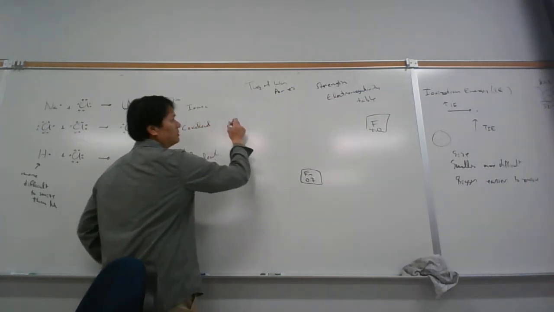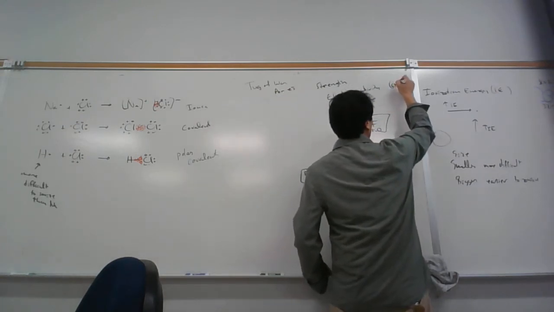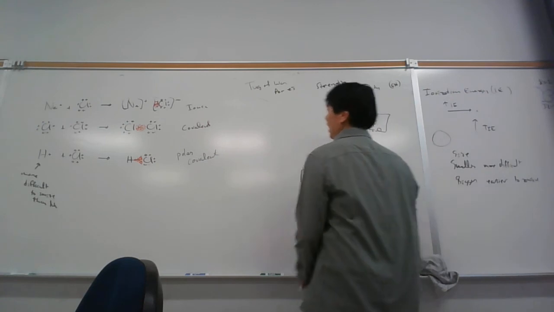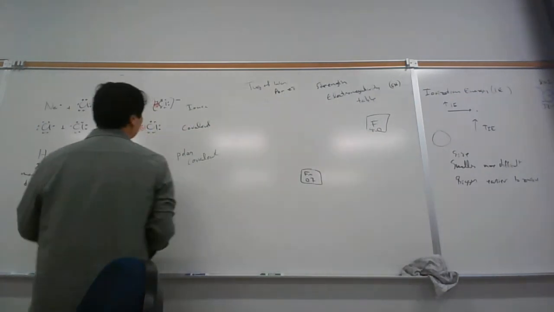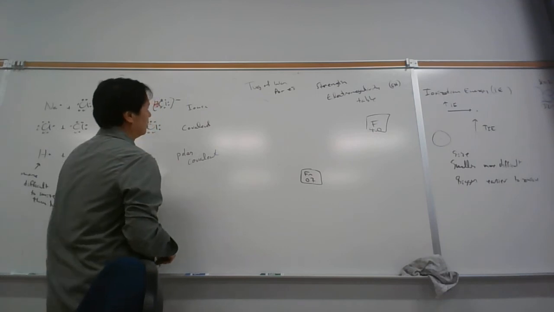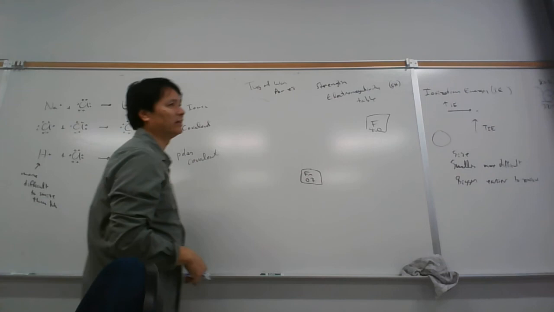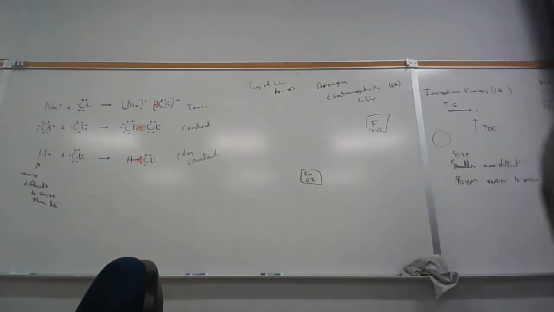And so what we do is we look at the electronegativity. How big of a difference is there here in the electronegativity? So in this case, let's take a look at chlorine. Chlorine is a 3.2. Sodium is a 0.9.